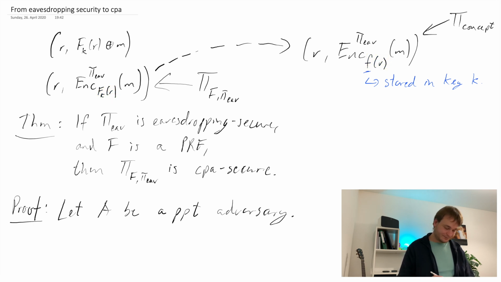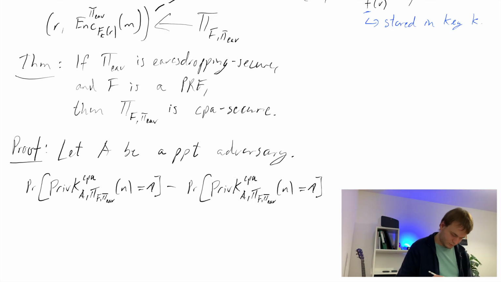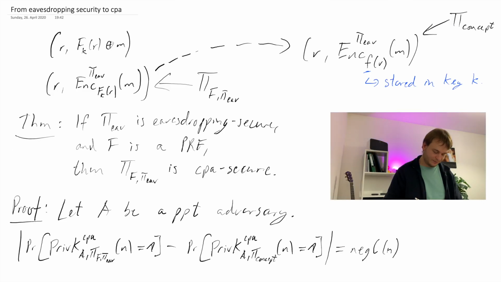More formally, this is what I'm claiming, that the adversary in the CPA experiment against the scheme that we want to prove secure will do not much better or worse than against the conceptual scheme that we came up with.